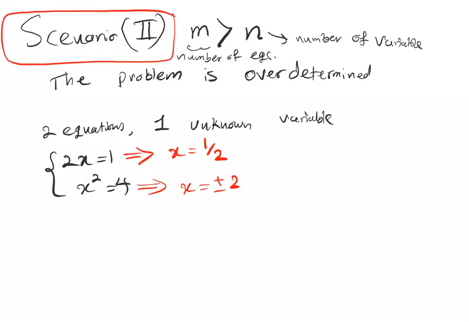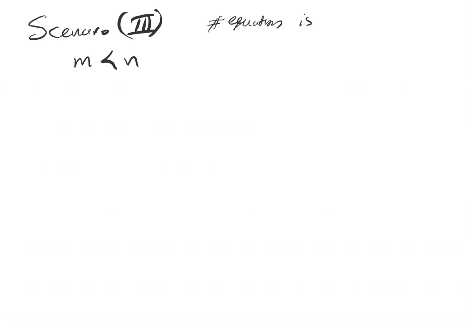The third scenario, where we are very interested, is scenario 3. It's when the number of equations is less than the number of variables.